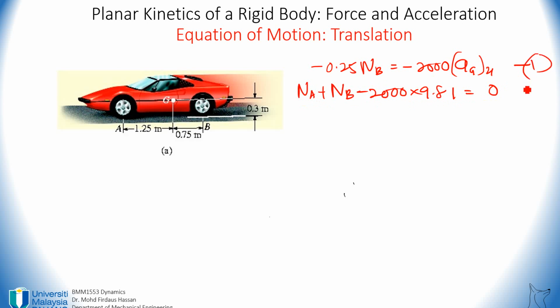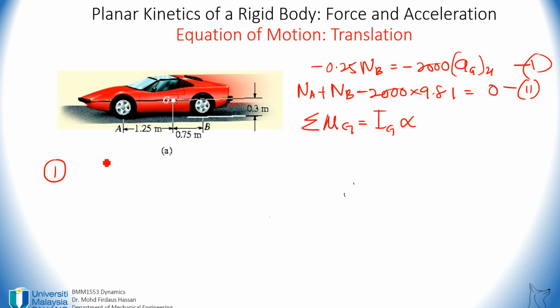We still need one more equation, so this is where the equation for moments comes in. You will have the summation of moment at G is I G alpha.